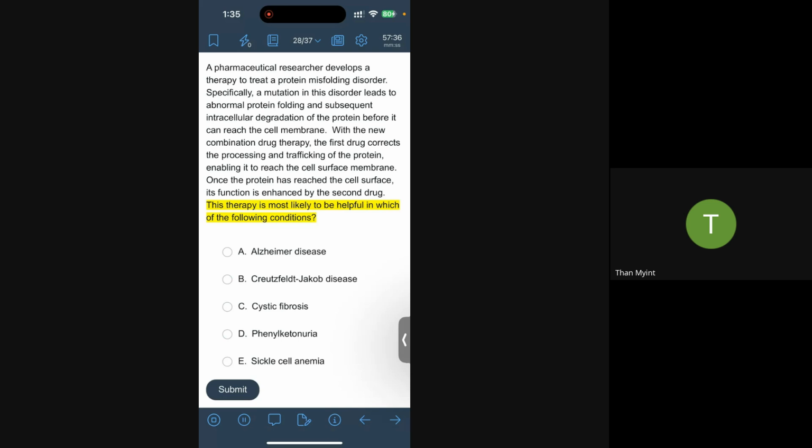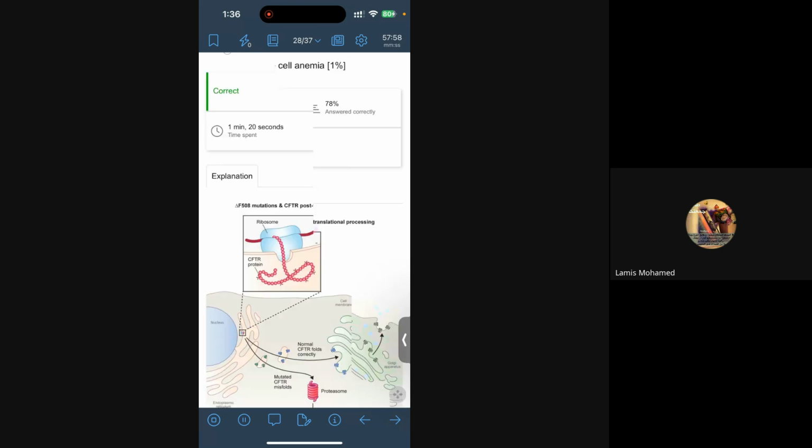We have just covered that specific topic. Cystic fibrosis is a protein misfolding disorder. So the drug that we are going to use in this patient would be helpful in cystic fibrosis.